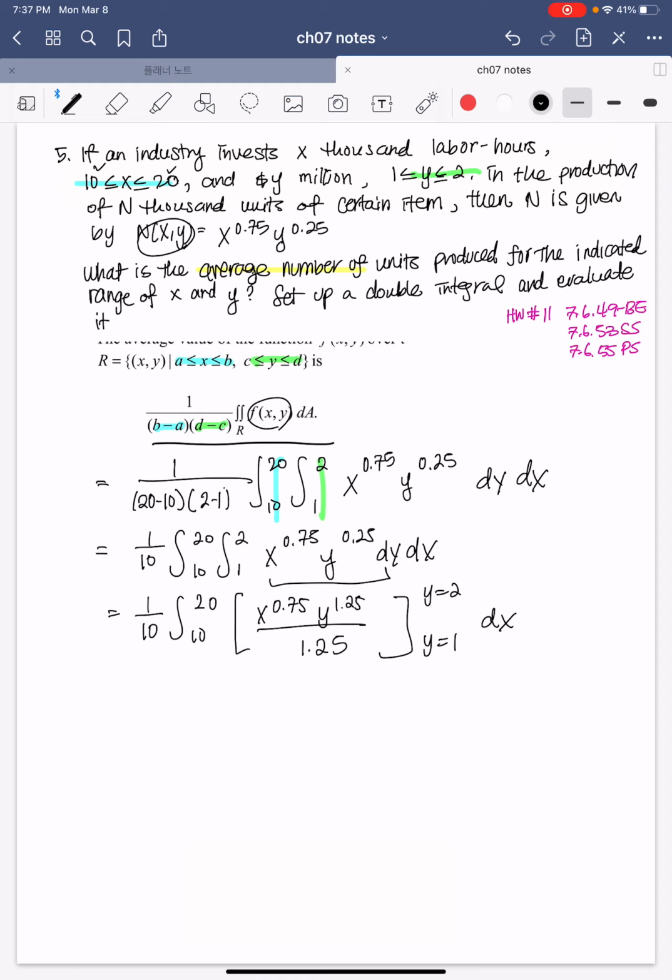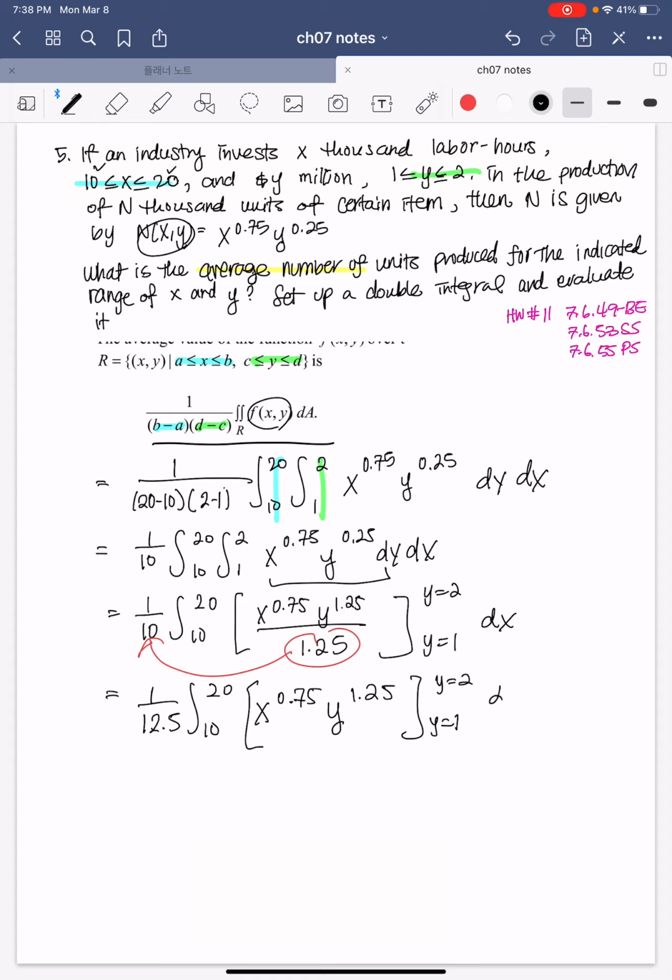Let's pull the 1.25 outside, just like we did. That's on the bottom, so 10 times 1.25 is 12.5. Then you have x to the 0.75, y to the 1.25, from y equals 1 to y equals 2, dx. So I'm going to plug these numbers into the y function.